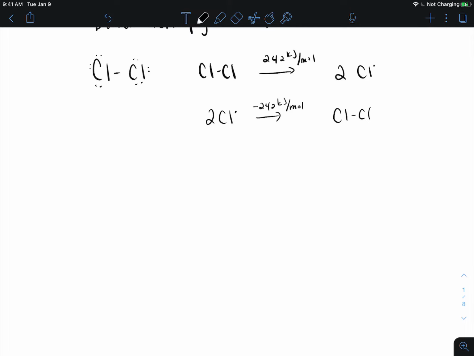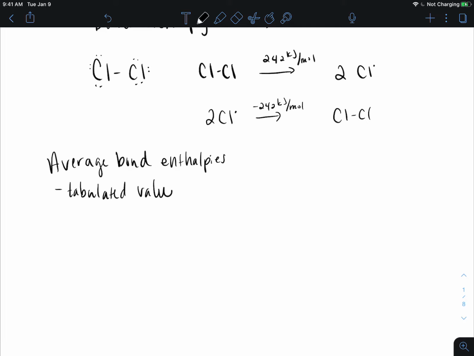Our average bond enthalpies will be given in a table. So these are going to be tabulated values, and they're going to be an average over a bunch of different molecules with those types of bonds.